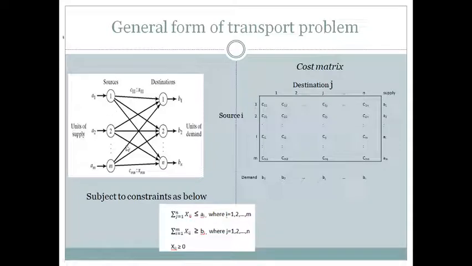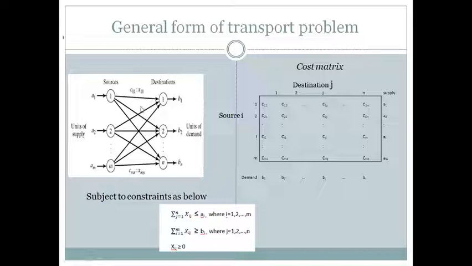Graphically, this is how we represent the transportation problem. We have a set of sources, a1, a2 up to am, and from these sources we are supposed to transfer a product to destinations. The cost involved is c of 11, x of 11, up to c of mn, x of mn.